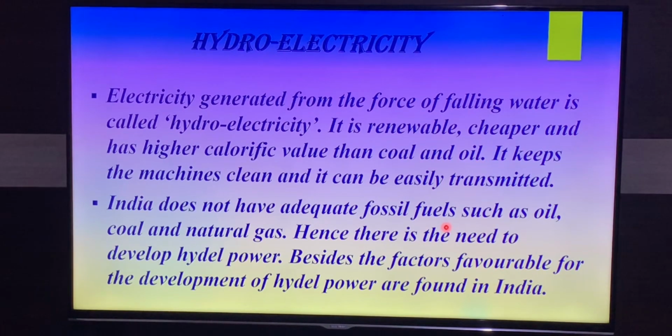It can be easily transmitted and it can also keep machines clean. As there is a shortage of fossil fuels in India, we depend upon hydel power. Besides these factors, the conditions for the development of hydel power are favorable in India.